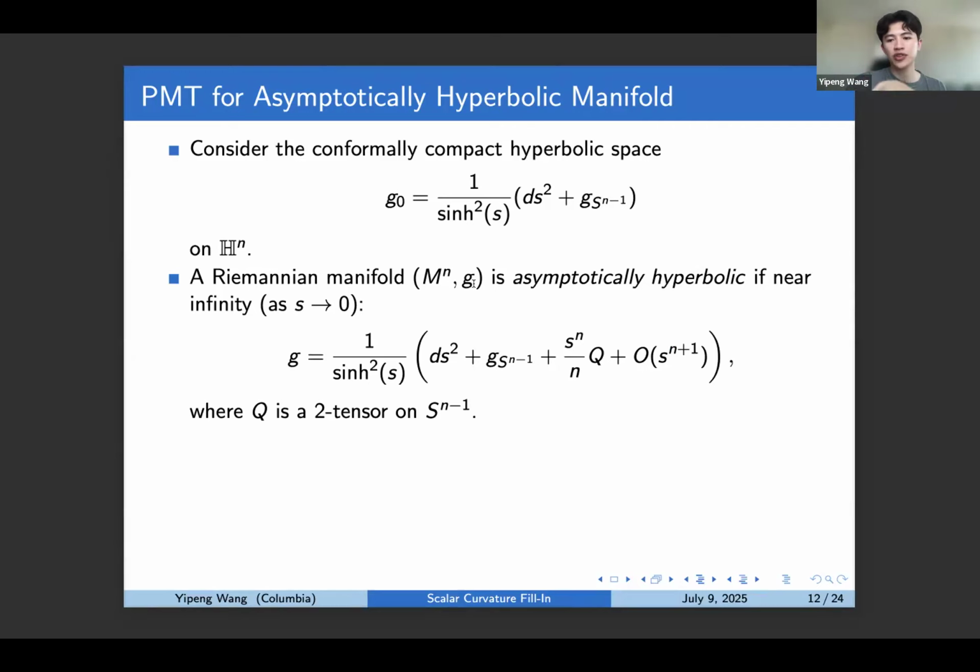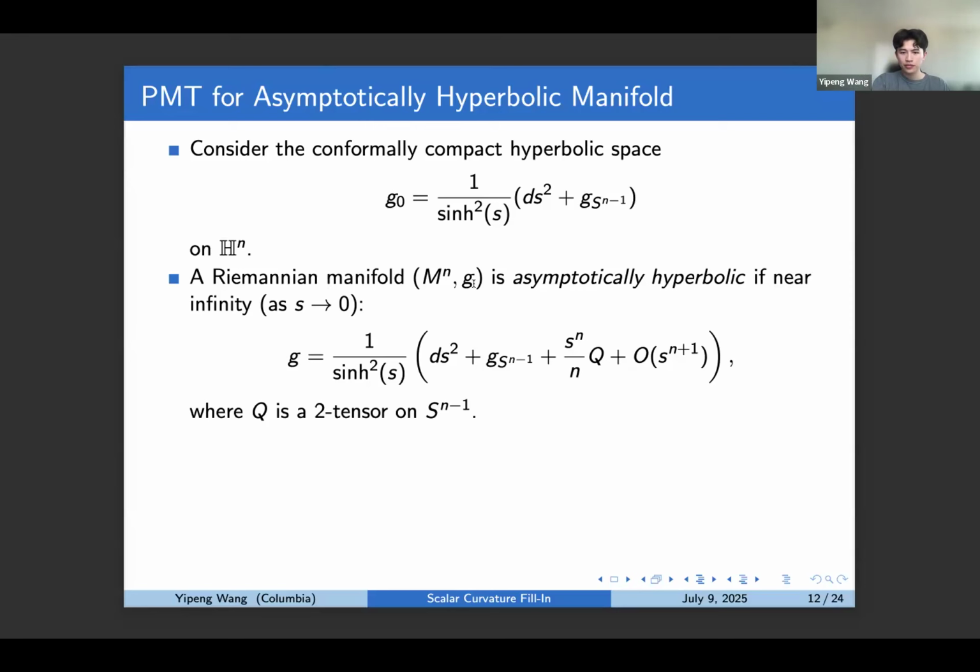So g is asymptotically hyperbolic if you have such an expansion where the first term is just the hyperbolic metric and the next term is given by this power and then defined by some symmetric two-tensor defined on the sphere, which is the conformally compact boundary at infinity.